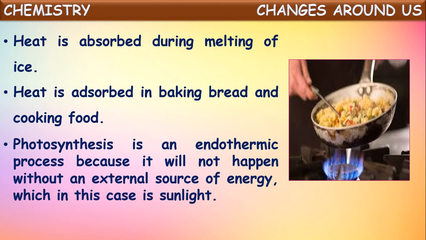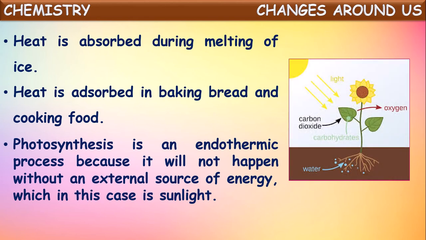One more, photosynthesis. Photosynthesis is one of the endothermic processes because it will not happen without an external source of energy, which in this case is sunlight. This photosynthesis happens in the presence of sunlight only. By absorbing energy from the sun, this process of food making in plants, which we call photosynthesis, occurs.